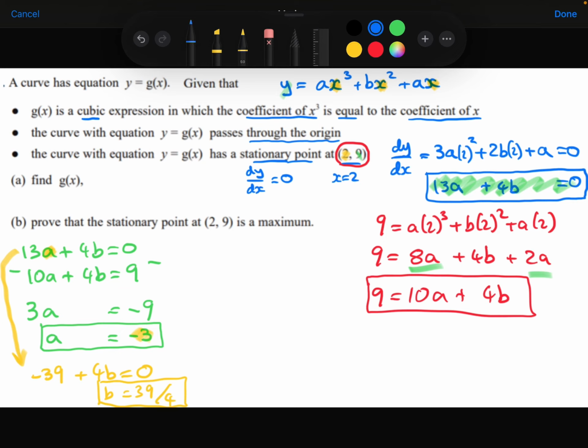And I can now write down the equation of g of x, which is minus 3x cubed plus 39 over 4 x squared, plus the ax, which is minus 3x. There we go, that's my answer for part A.